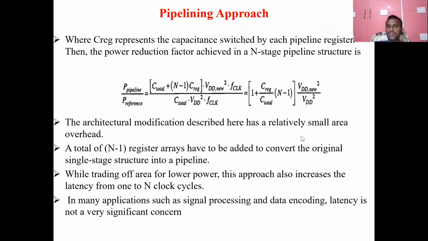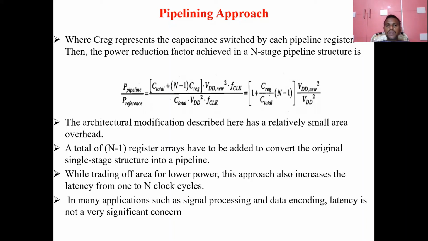That means the delay to reach from the input to the output will be n clock cycles. While trading off area for low power, this approach also increases the latency from 1 to n clock cycles, right? In many applications, such as signal processing and data encoding, latency is not a very significant concern, so we can neglect that latency here.